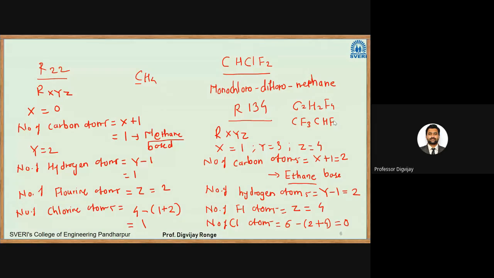Something like this, we have this composition. So this is called tetra. As Rohit has rightly mentioned, it is a tetrafluoroethane. It is a tetrafluoro, so we have 4 fluorine atoms. That is why it is tetra. If it was 3, it would be tri. But we have 4 fluorine atoms, so that will be tetrafluoro. And this is an ethane.